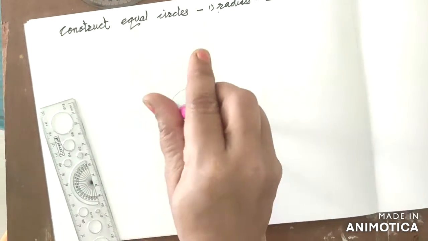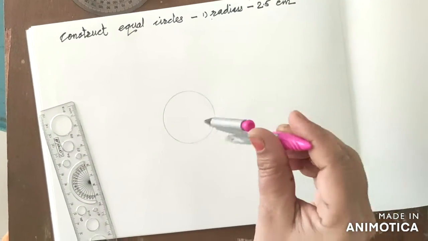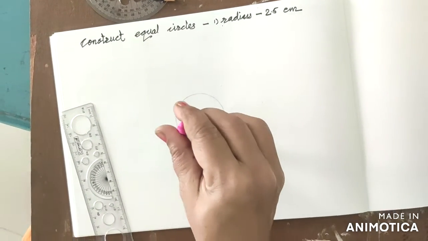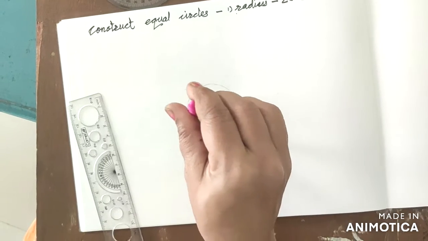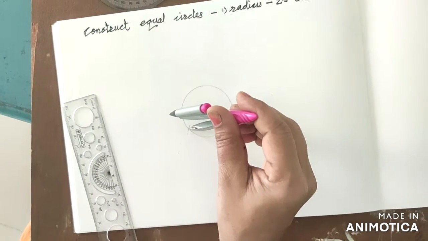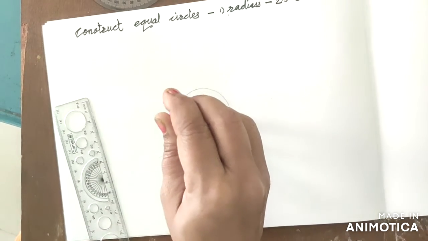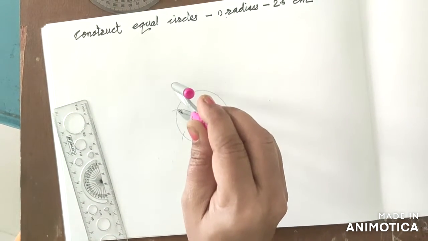Okay, now using the same length, partition this circumference into 6 parts.